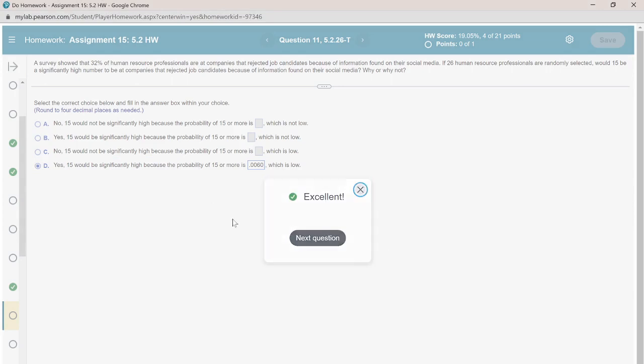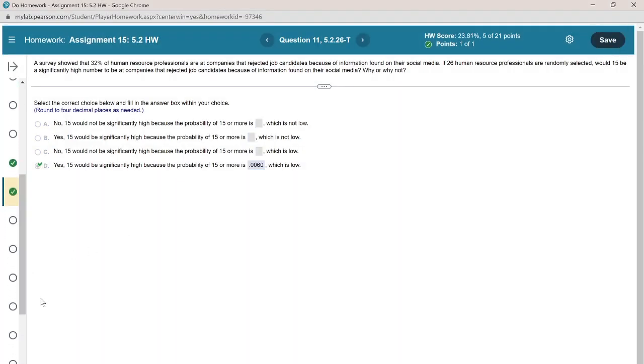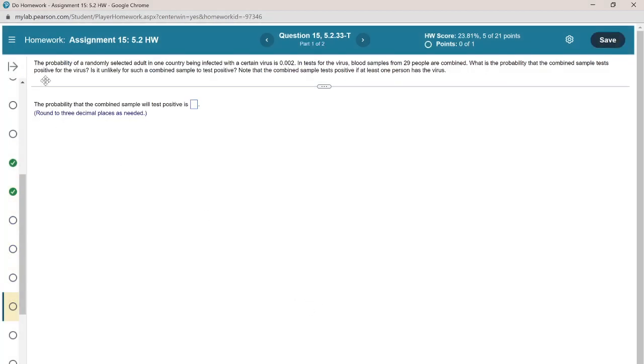Okay, let's go to another problem. The probability of a randomly selected adult in one country being infected with a certain virus is 0.002. If you choose one adult randomly, then the probability of being infected is 0.002.